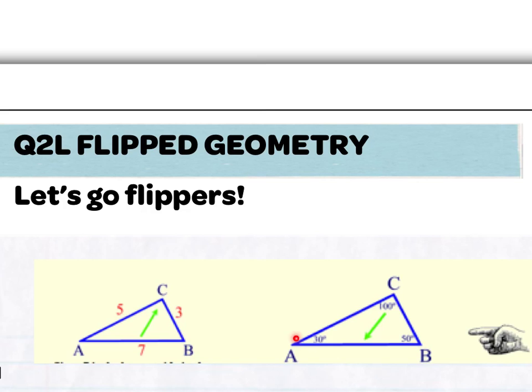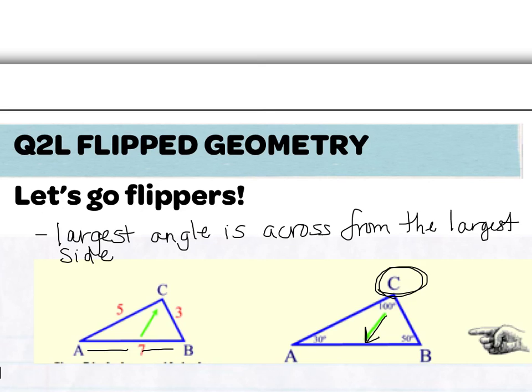You'll notice that there's a relationship here. The largest angle, which would be angle C, is across from the largest side, which is side AB. This is true for all triangles. So let's write that as a statement: the largest angle is across from the largest side.